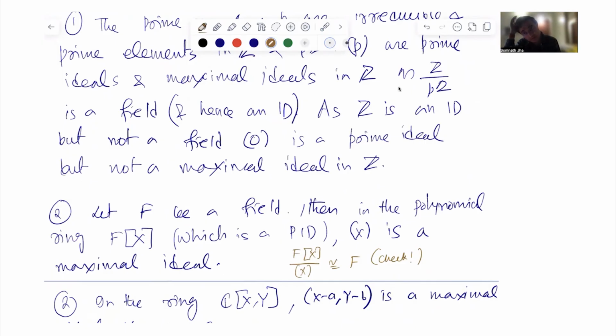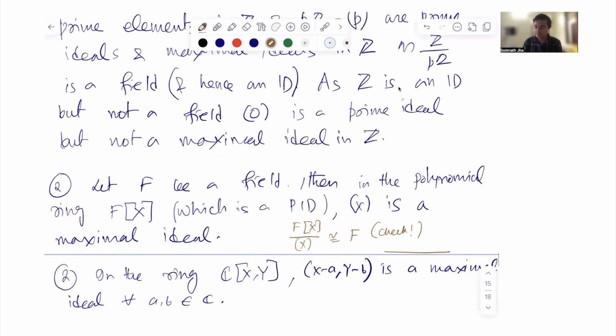If you have f(x) = a0 + a1x + ... + an x^n, all the terms except a0 are in the ideal generated by x, so f(x) + (x) is the same as a0 + (x). So the only classes which remain are given by constant polynomials. This is isomorphic to F. So (x) is a maximal ideal.